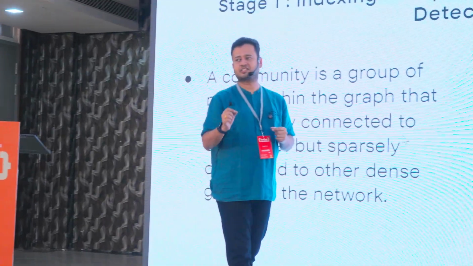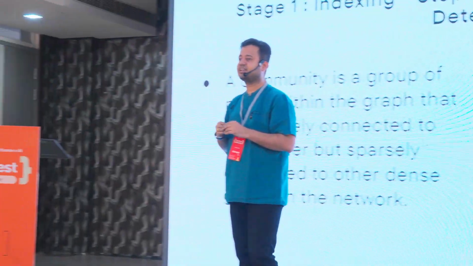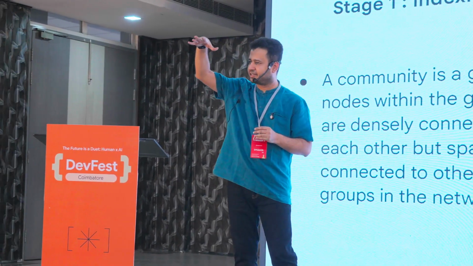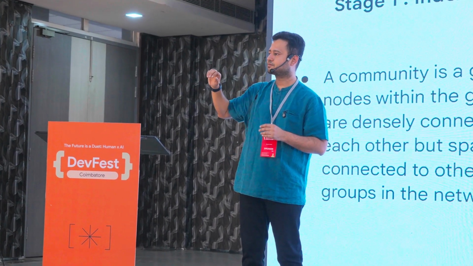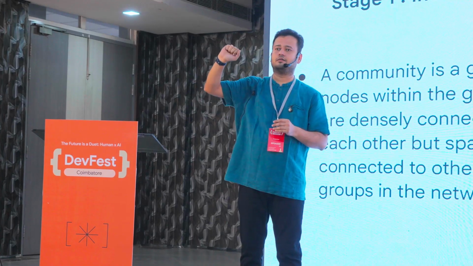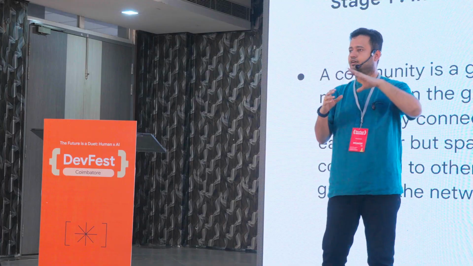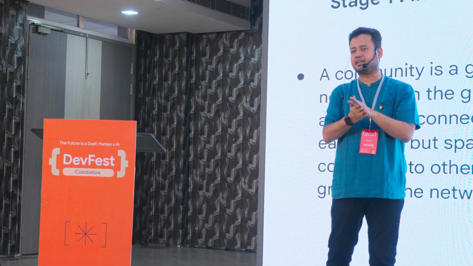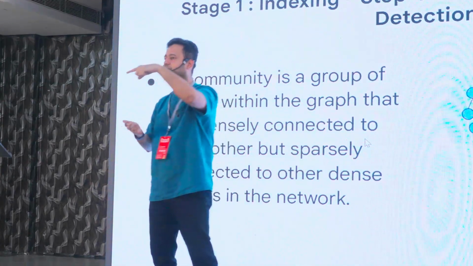Now, one simple question here is, for this set of questions, if I create an initial community, the way I would define a community is, how do I discover a pattern in this set of nodes?